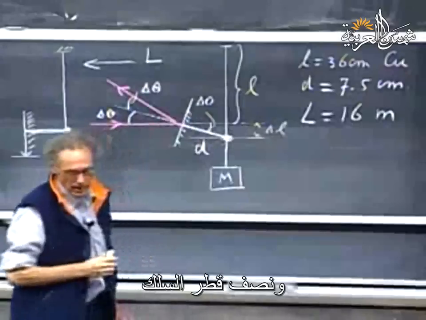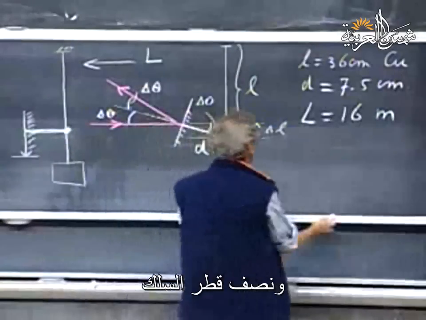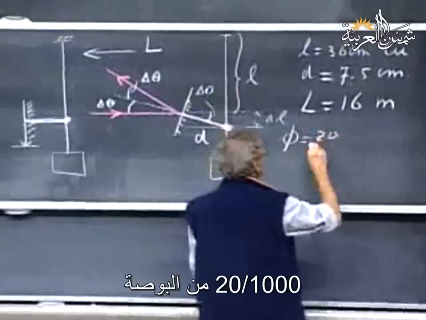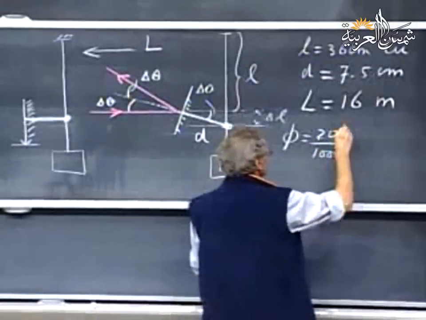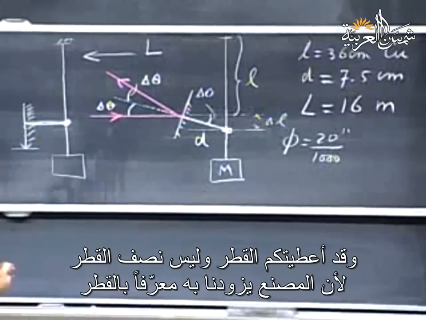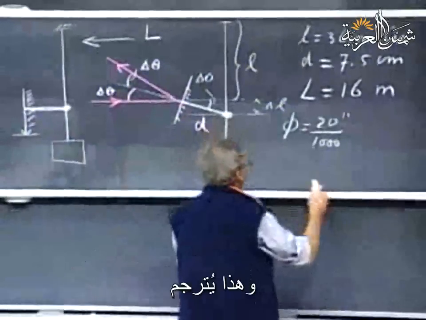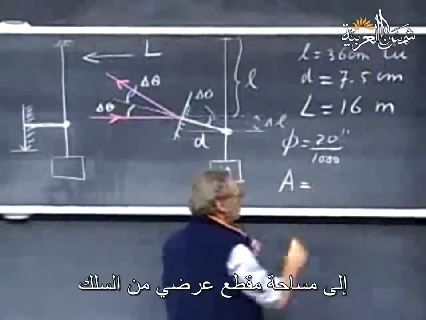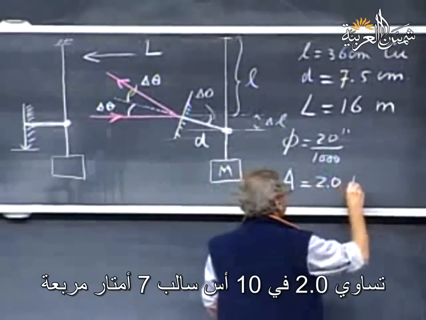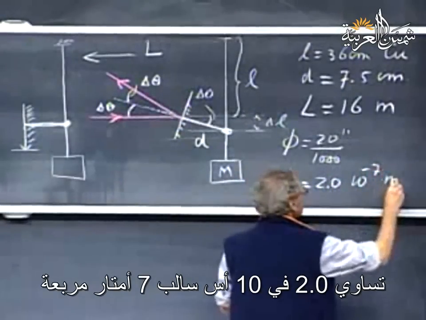The diameter of the copper wire is 20,000th of an inch. I give it in terms of the diameter because that's the way the manufacturer gives it to us, and that translates into a cross-sectional area of that wire of 2.0 times 10 to the minus 7 meters squared.